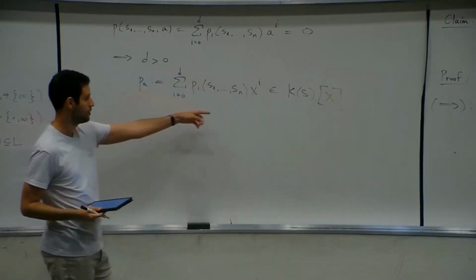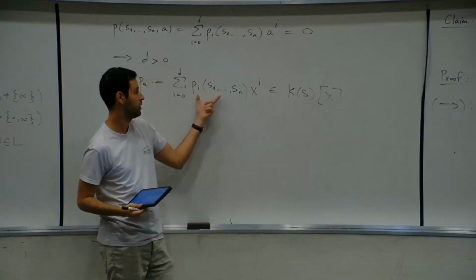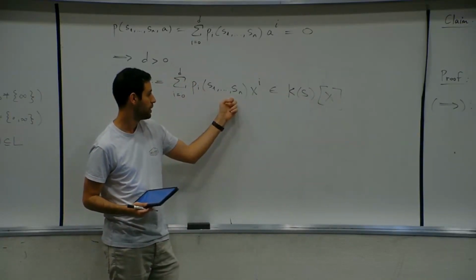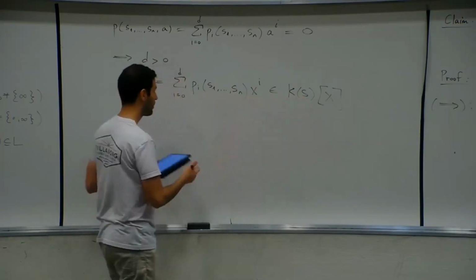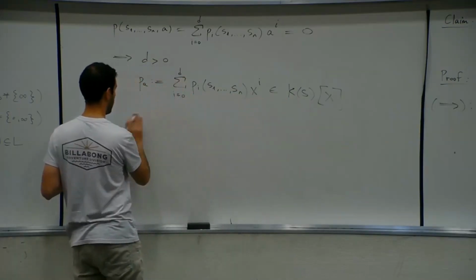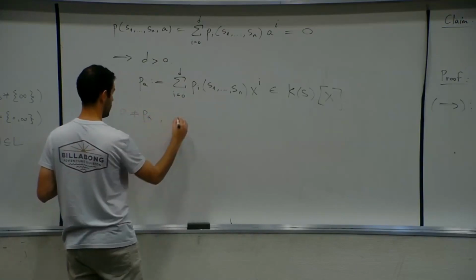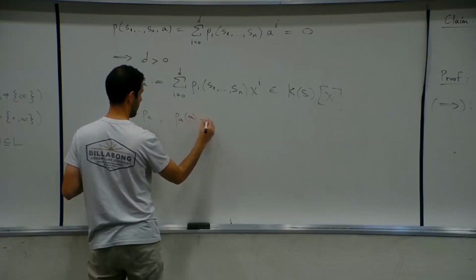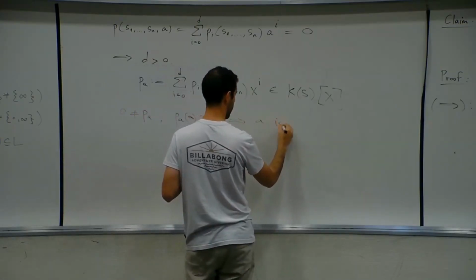Check that this univariate polynomial, whose coefficients are in fact polynomials in s1 to sn, is a non-zero polynomial in this ring, and A is a root of it. So this shows that the polynomial is non-zero and its value at A is 0, so A is algebraic.